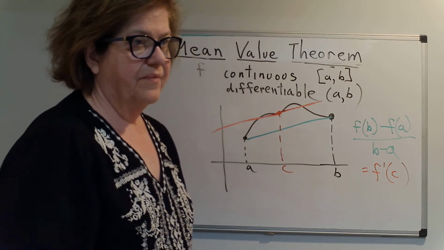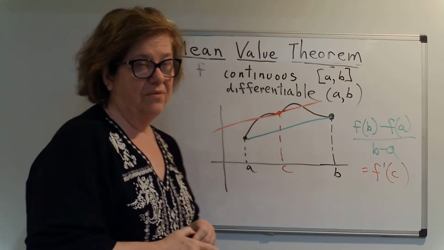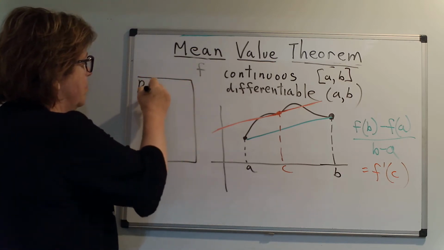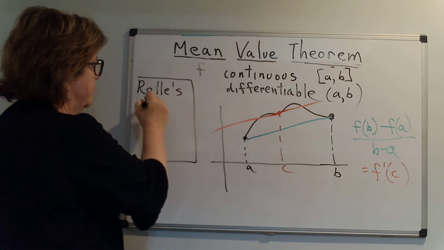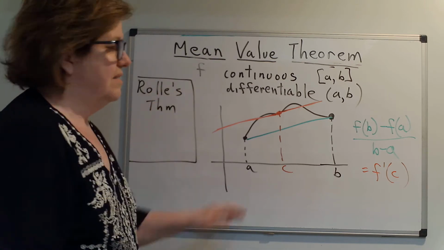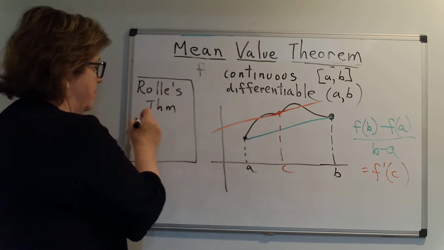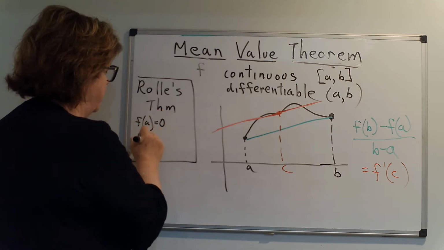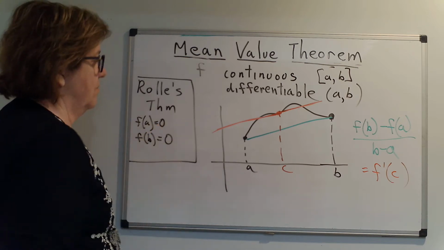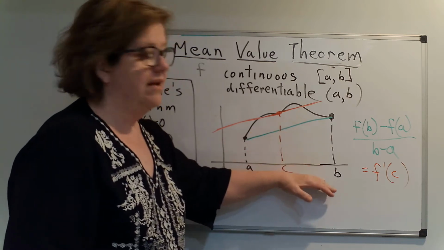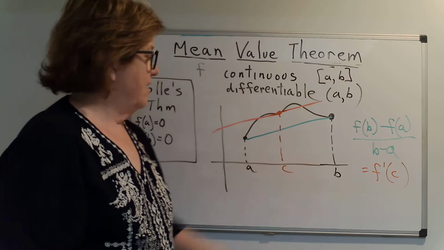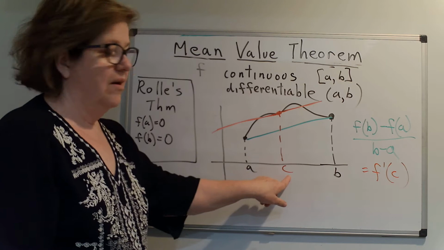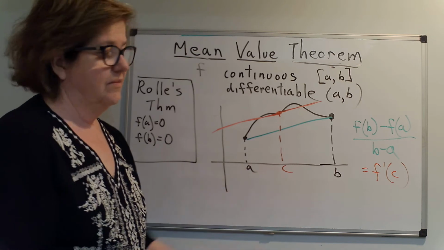There's a special case of the mean value theorem, and it has its own name. It's called Rolle's theorem. And it says that if f of a equals 0 and f of b equals 0, so if these two endpoints are flat on the x-axis, then somewhere between those 2 points there's got to be a place where the derivative is 0.